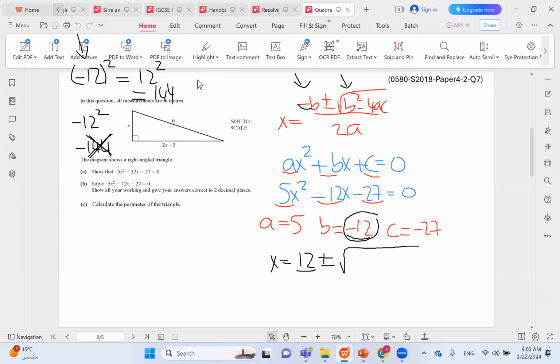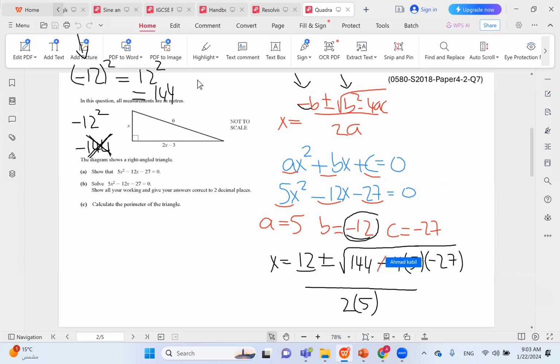So B squared is 12 squared, which is 144, minus 4 multiplied by A, which is 5, multiplied by negative 27, and all of this is under the square root. And then all of this is divided by 2A, which is basically 2 times 5. I like to simplify things for myself. So here I know that I have 2 negatives.